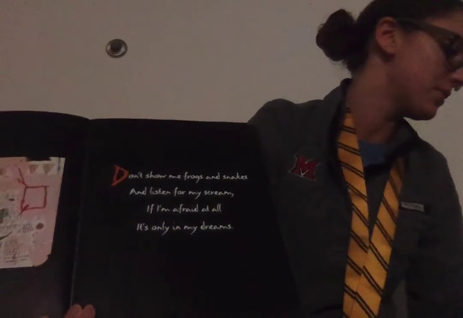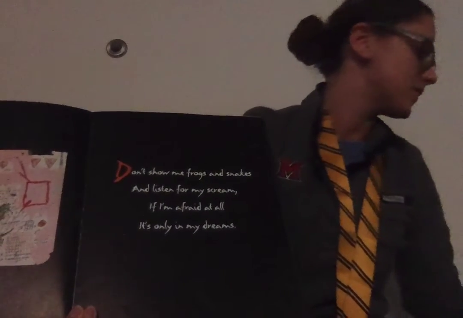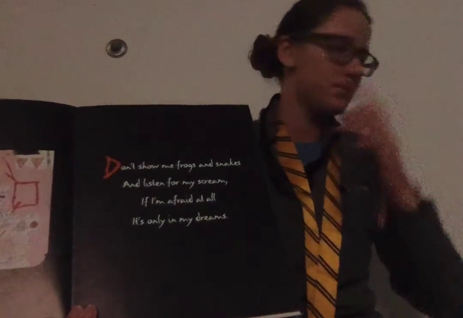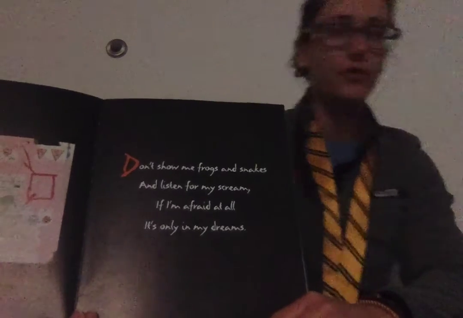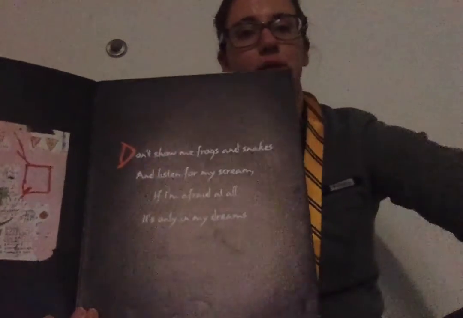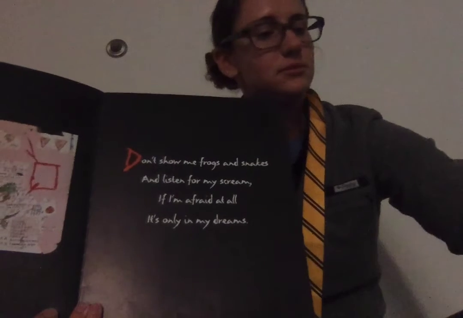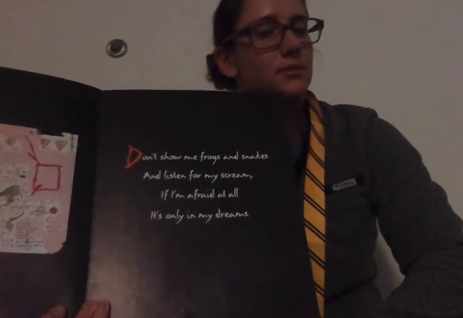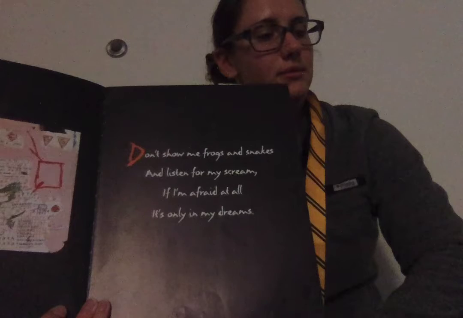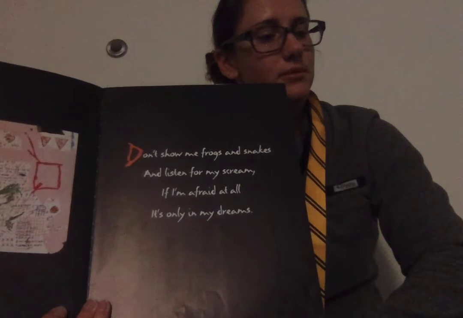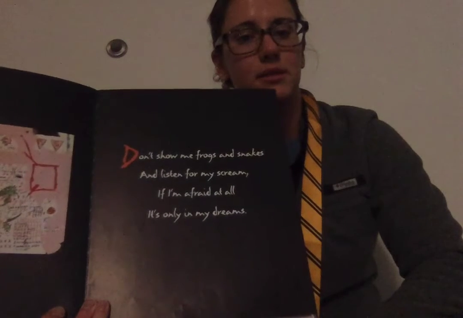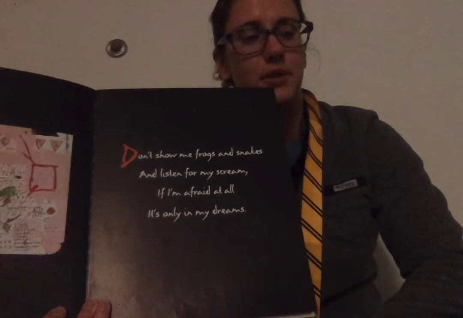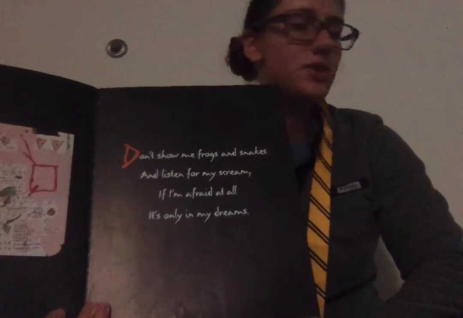And now we're going to flip the page. Type of poem. Let's figure this out. What type of poem do you think it is? Your choices are nursery rhyme, narrative poem, limerick, or free verse. All right, it is a narrative poem, but let's go through them.